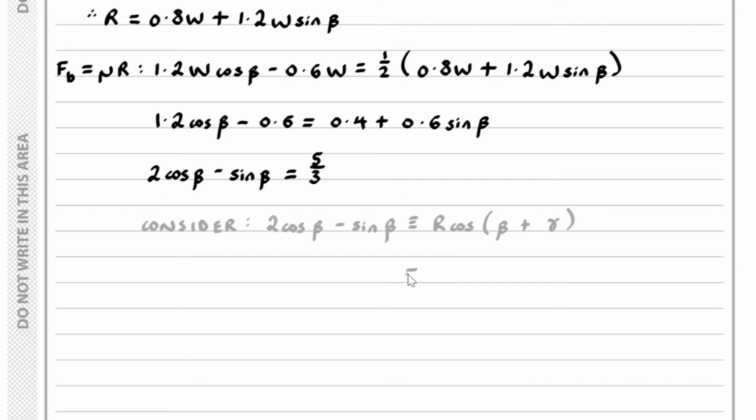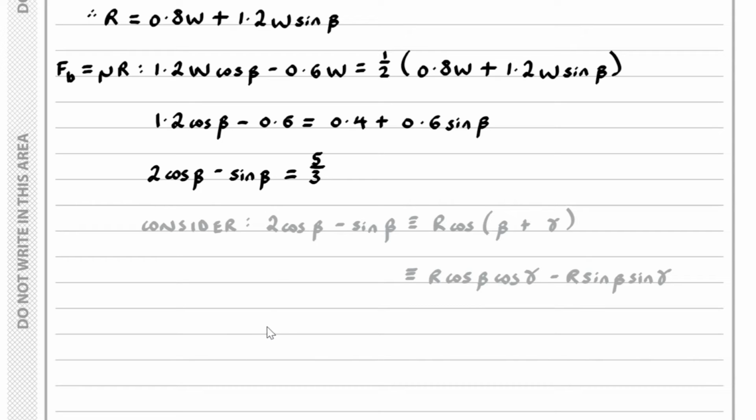If I expand out, I've got R cos beta cos gamma minus R sine beta sine gamma.